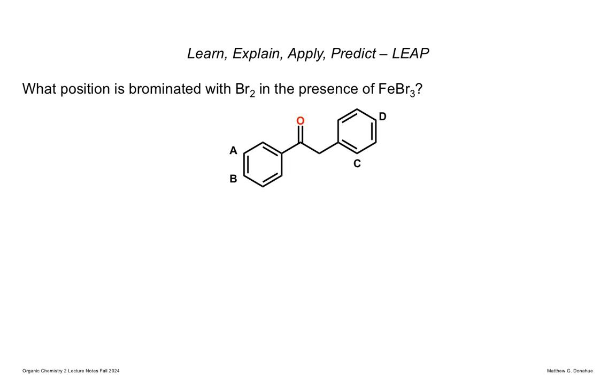So let's consider this problem here where we're given one molecule that has two aromatic rings. So we'll say the left and the right. And the way we want to consider where would bromine go in a reaction where we have the possibility of two different rings.